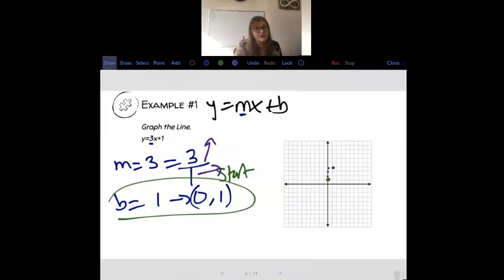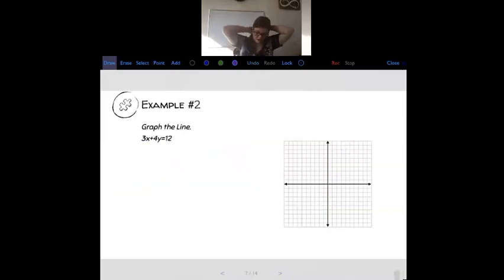And you could keep going. All you need is 2 points to make a line, but you could go up 1, 2, 3 over another one. And so that would be the line that corresponds to the equation y equals 3x plus 1.